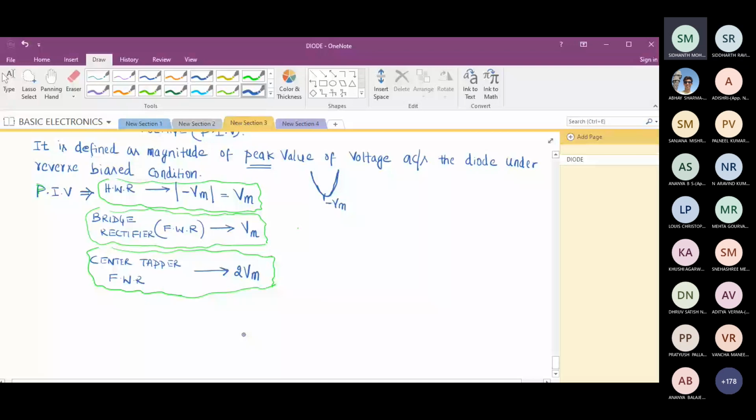What are we going to achieve? Anybody in that class? If you try to recall, I had explained this three or four sessions back. To check if avalanche breakdown is happening or not.